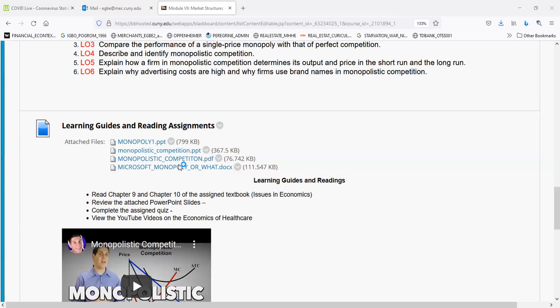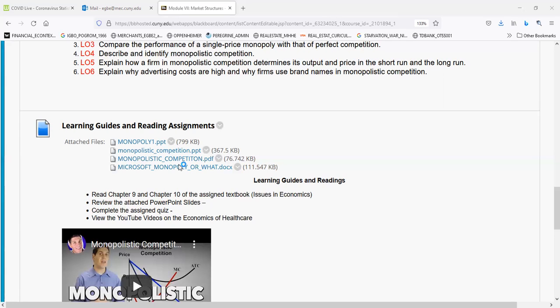But in monopoly, because there's only one seller, other sellers cannot enter the market even if there's excess profit, because there are barriers to entry. The barriers could be that they have a patent, or the laws can allow a monopolist to have a monopoly, or the market could be small, such that it cannot accommodate two businesses.